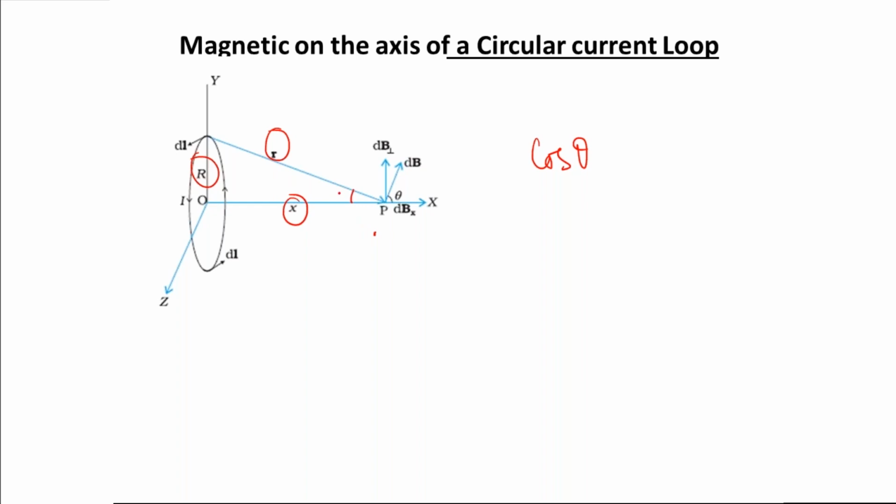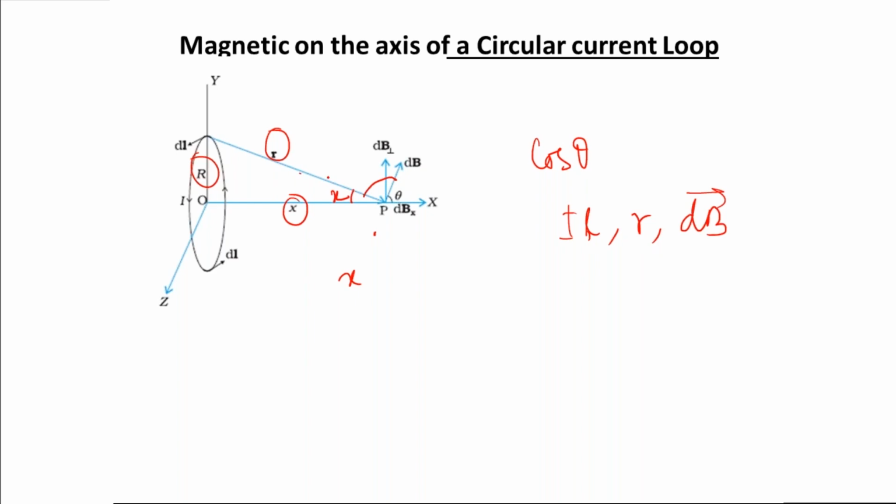So I have to find out what this value is. Suppose this angle is x. So this angle up to this, they are 90 degrees, perpendicular to each other, because I dl cross r and dB, the magnetic field, will be mutually perpendicular to each other.